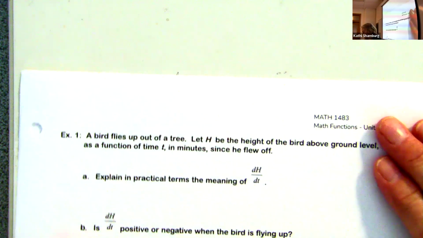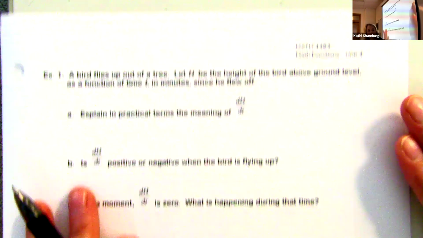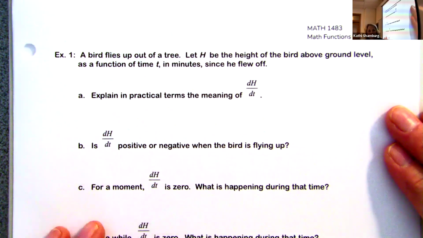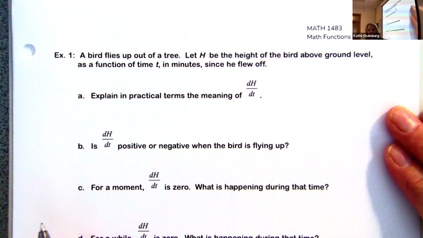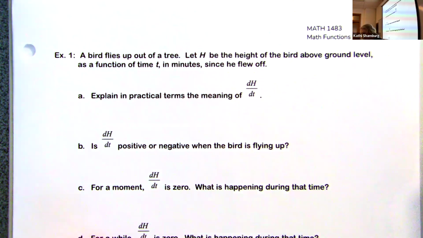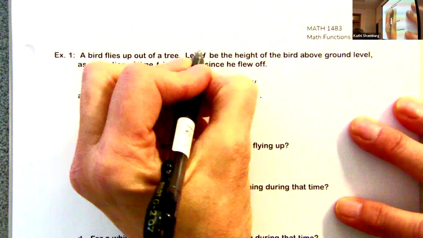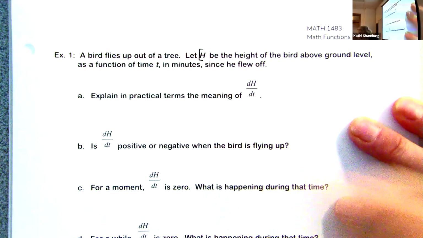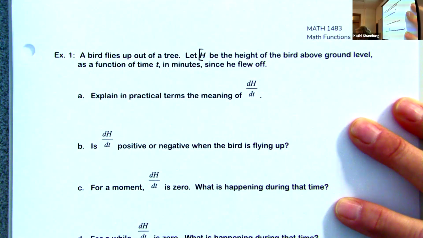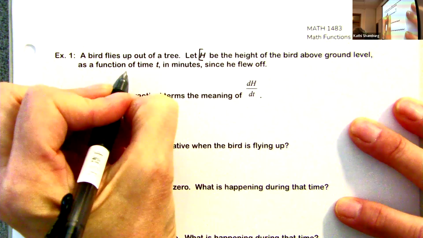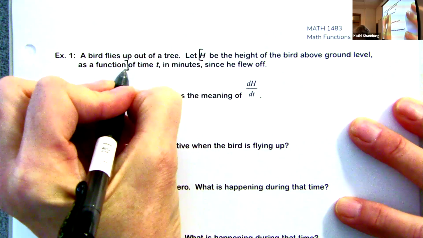All right. All right, so here's what we've got. We've got a bird. He flies up out of a tree. So let h be the height of the bird above ground level as a function.